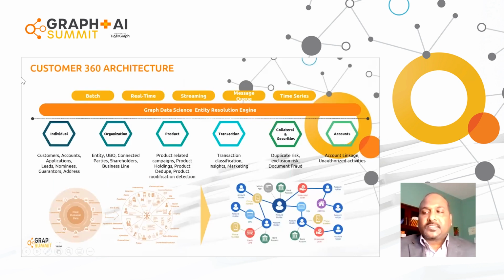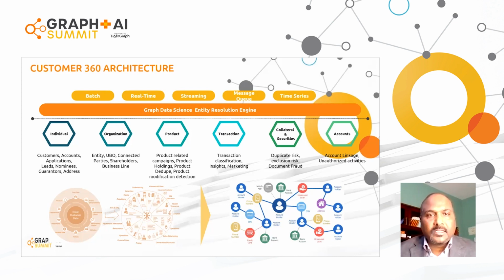From the Customer 360 perspective, if we look at the multi-domain architecture, you have the various source systems that are coming into the Customer 360 foundational layer via batch sources, real-time sources, streaming, messaging queue, and time series.